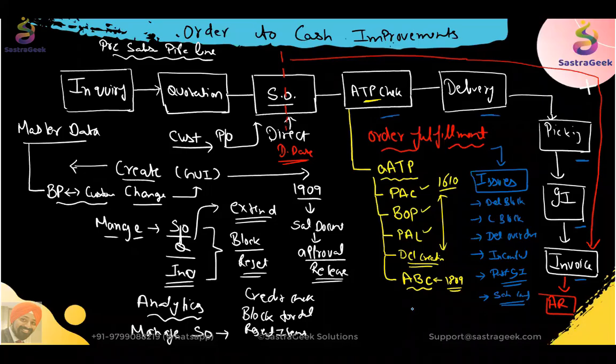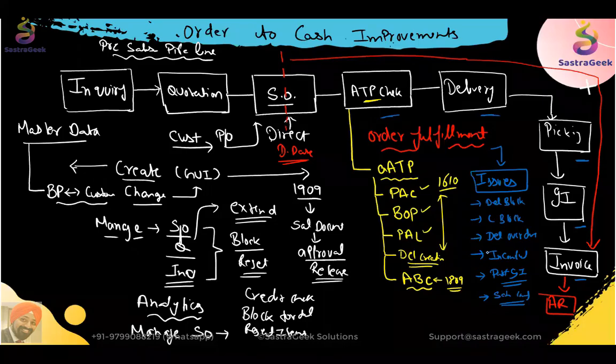Now to fulfill all of the orders which they have received, they face these kinds of issues. As of now, we don't have any mechanism where the system would first help you see what kind of issues are there.